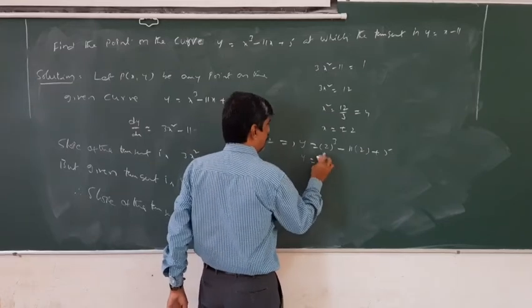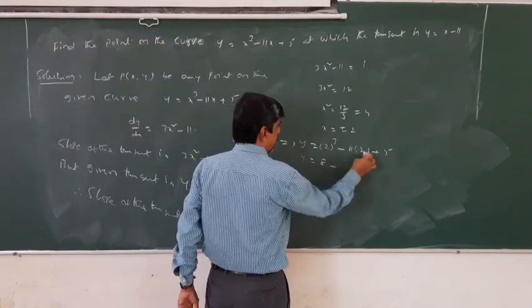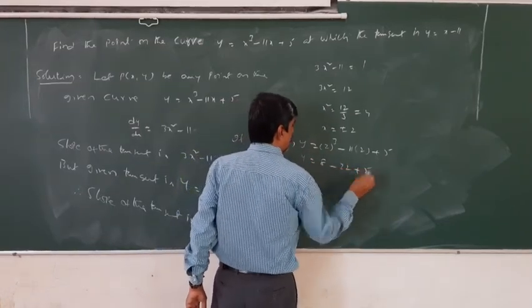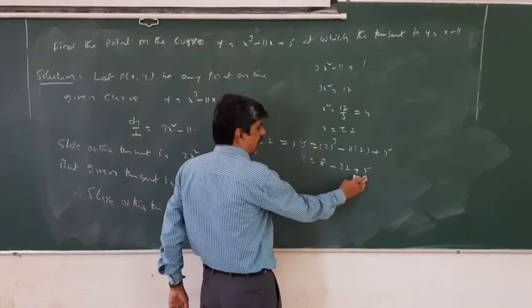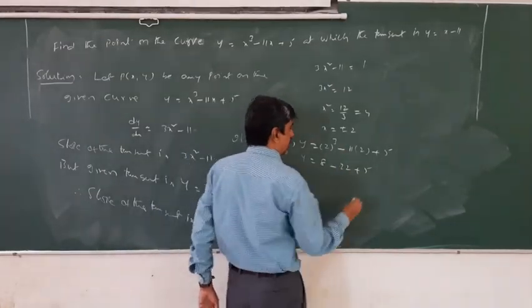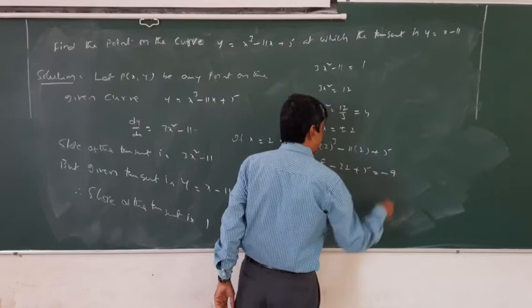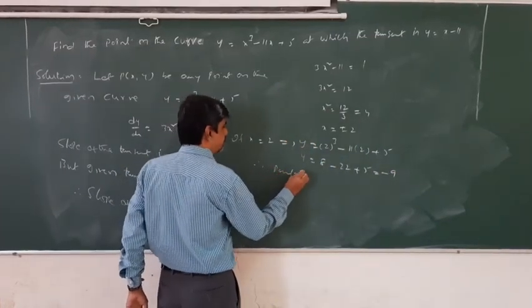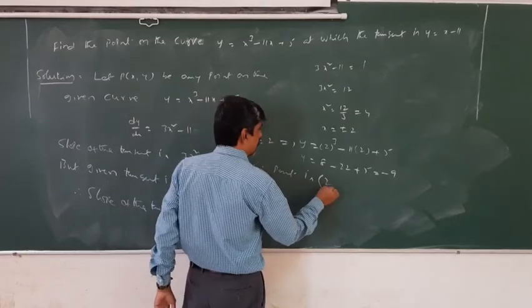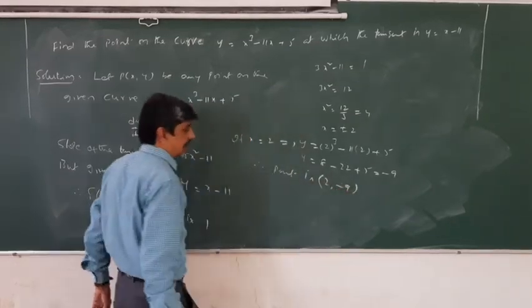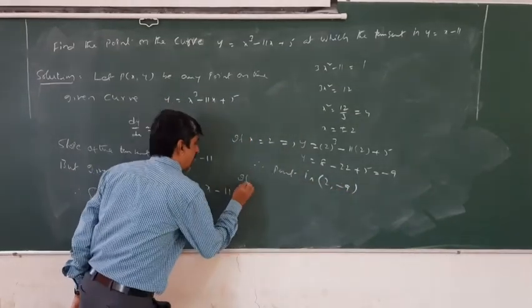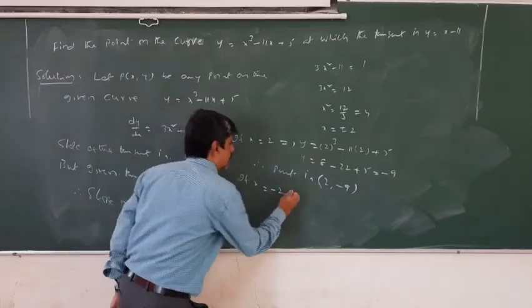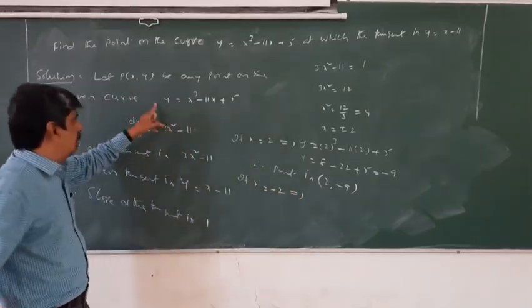So y is equal to 2 cube, which is 8, minus 11 into 2, which is 22, plus 5. Plus 8 plus 5 is plus 13, minus 22 is minus 9. Therefore, one point is (2, minus 9).